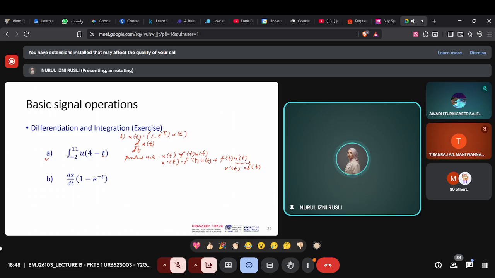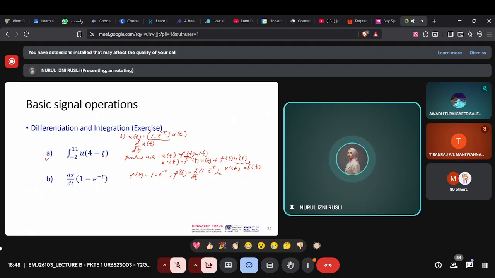So f(t) here is 1 minus exponential minus t. And of course, you need to find f prime t, which is the derivative of this function with respect to t, d/dt of 1 minus exponential minus t.